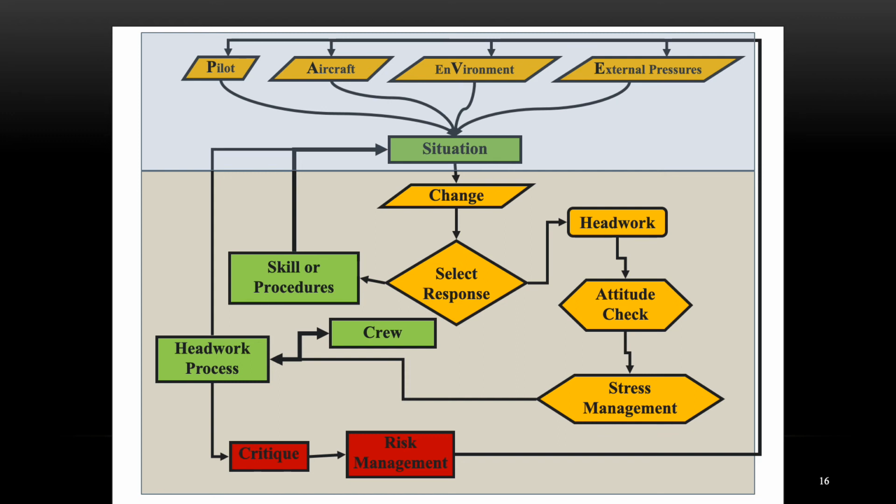We're going to talk about that in detail later, both from an individual pilot perspective and an organizational perspective. The point of the critique and risk management is to change those four pieces so that you get safer and safer over time rather than making the same mistakes again.